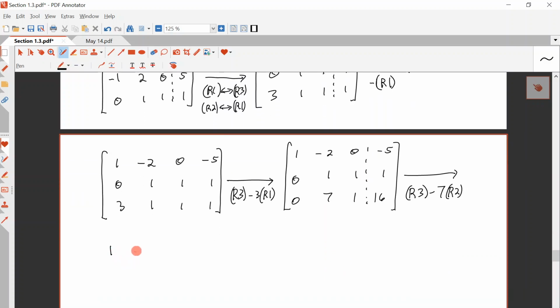The first row stays the same, and the second row is 0, 1, 1, 1. So 0 minus 0 is 0. 7 minus 7 is 0. 1 minus 7 is minus 6. 16 minus 7 is 9.